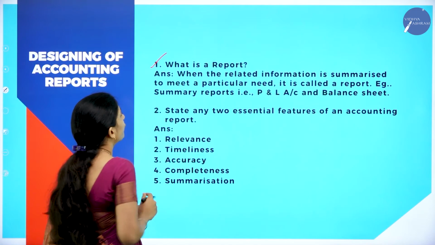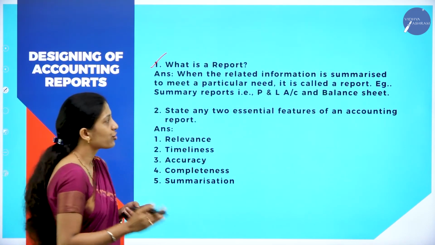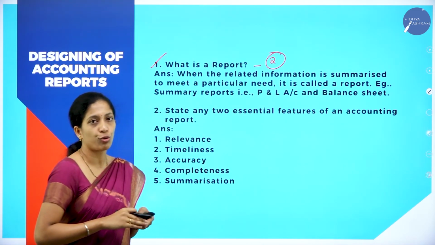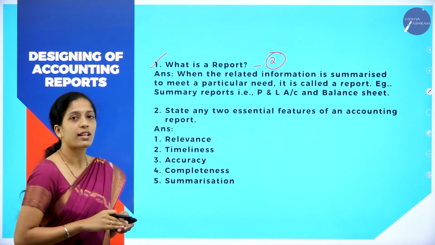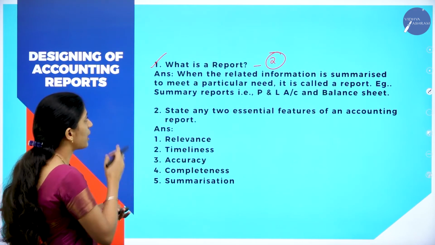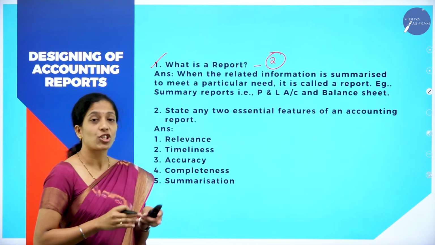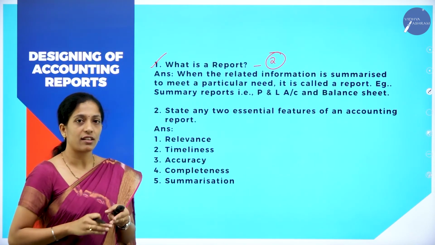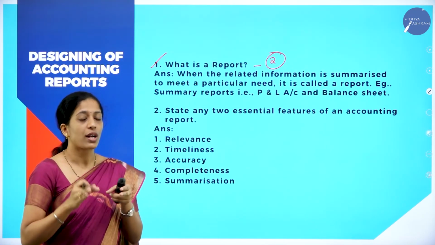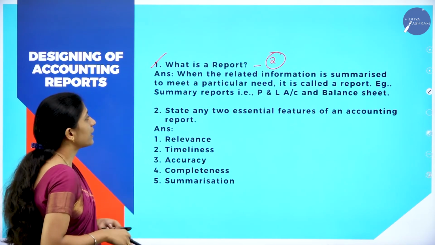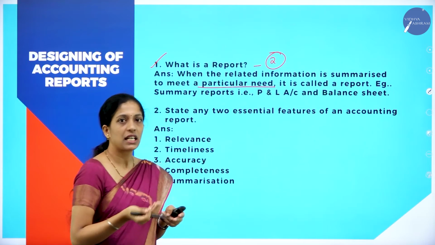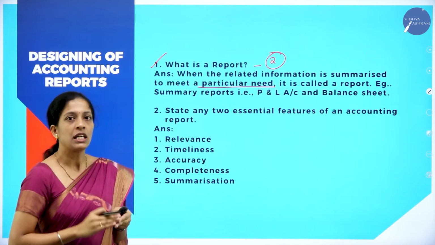They might ask for 2 or 1 mark. If you are going to write the example, then it is for 2 marks. They might ask what is a report. How do you answer? When the related information is summarized in such a way that it has to be communicated to the users, that is known as a report. It is summarized to meet a particular need, that is, to communicate to the users.